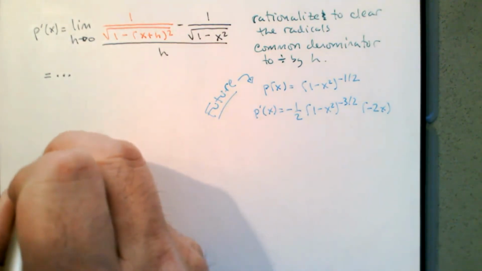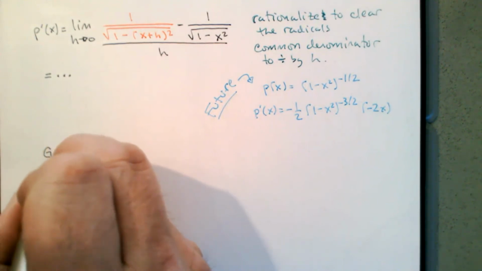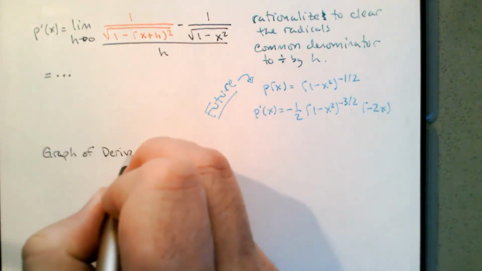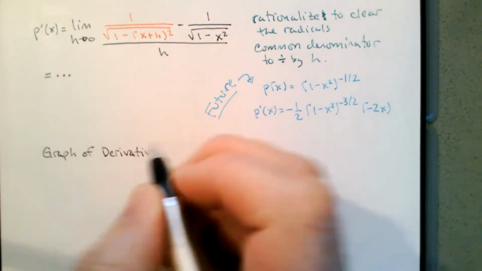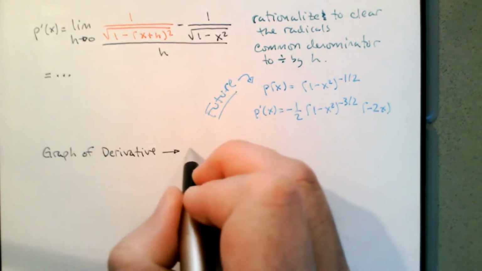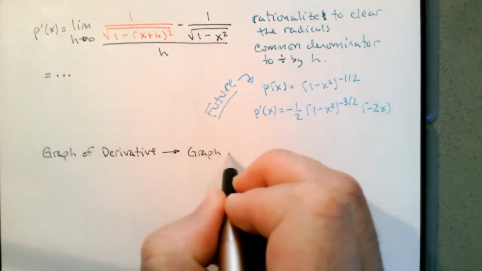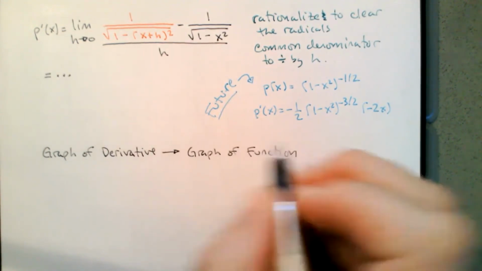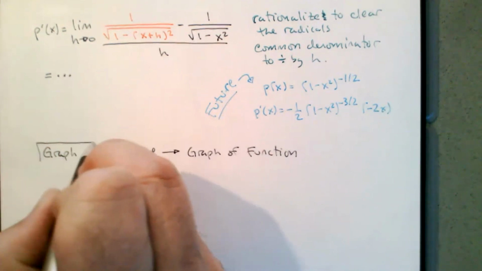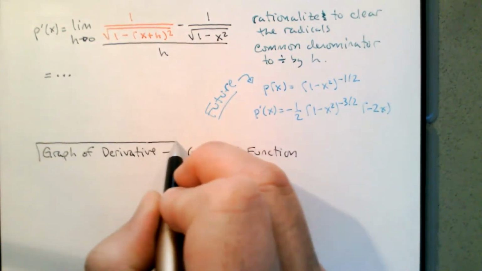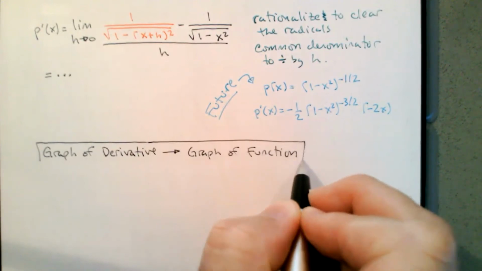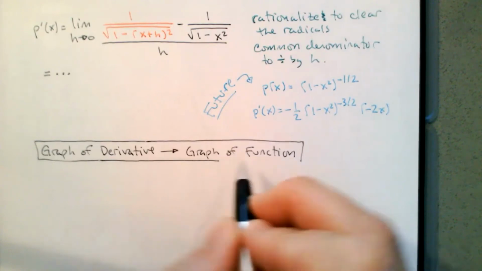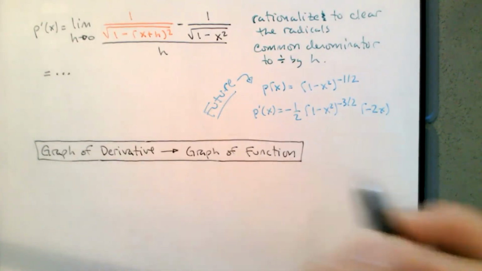We want to look at the graph of the derivative and see what that tells us about the graph of the function. Recall yesterday, we did this the other way around. We looked at the graph of the function and we figured out what that told us about the graph of the derivative.